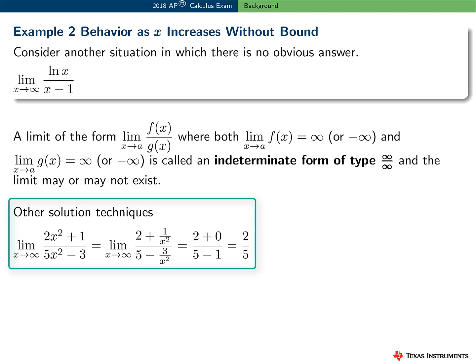For example, here we divide the numerator and the denominator by x squared, and then we can evaluate the limit to get 2/5. However, this method does not work in example 2. So these two examples suggest that we need another method to evaluate certain limits.